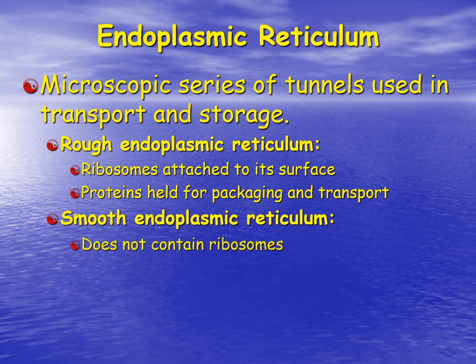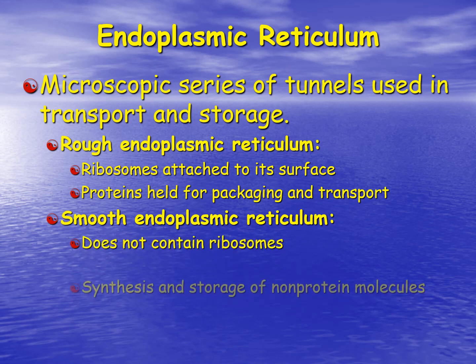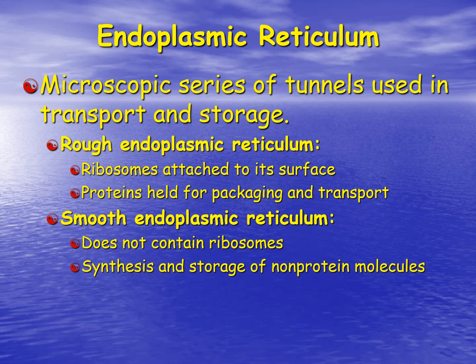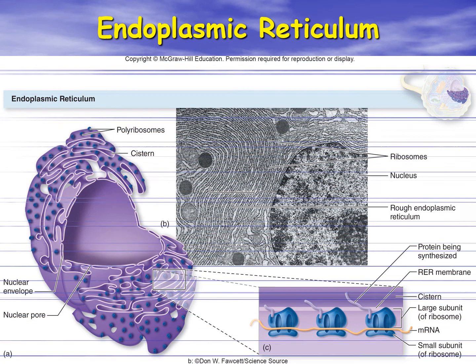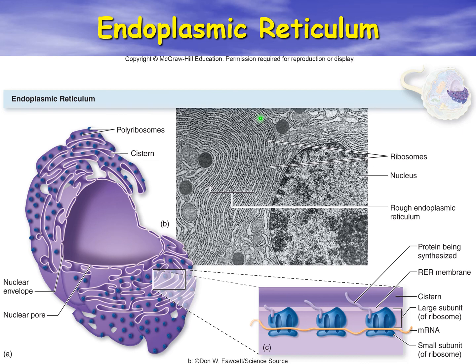The smooth endoplasmic reticulum has no associated ribosomes and primarily functions in synthesis and storage of non-protein molecules. So here's an example of the rough endoplasmic reticulum with the associated ribosomes on the outside of the double membrane.